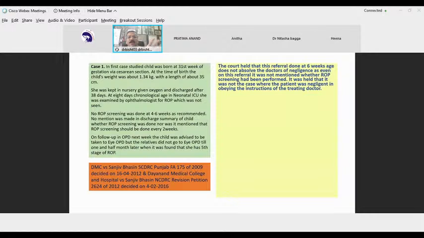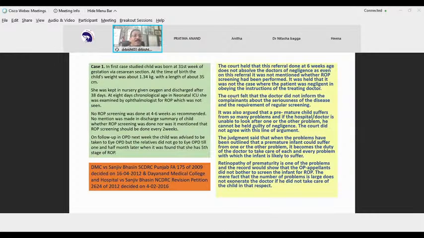"Aap aankh dikha lena," you just go and get your eyes checked, was the only thing which was done. And the family was not told about the seriousness, the gravity of blindness as a complication of ROP.